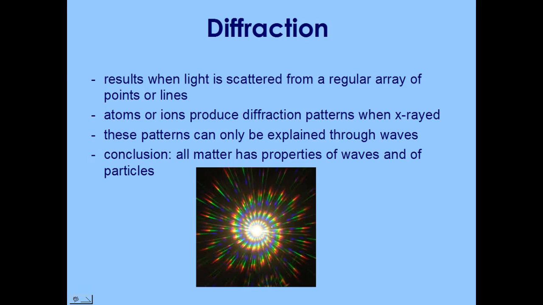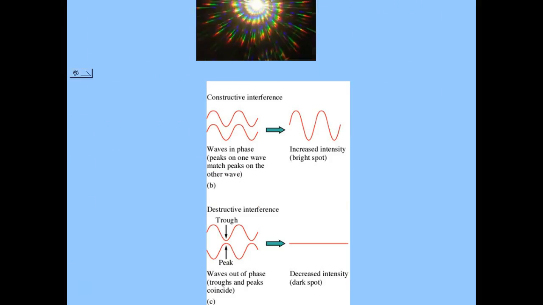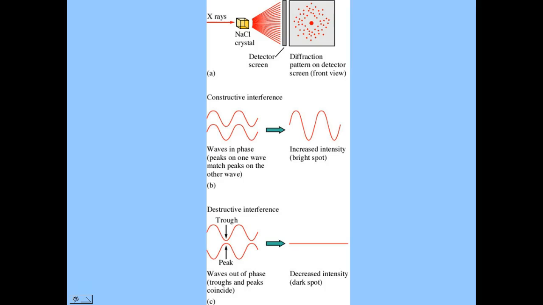And because it can do that, and we know that atoms and ions have specific amounts of matter, well, light must have matter as well, and must have particle-like features just as much as it does waves. So this picture here is just showing what happens when you X-ray a sodium chloride crystal.